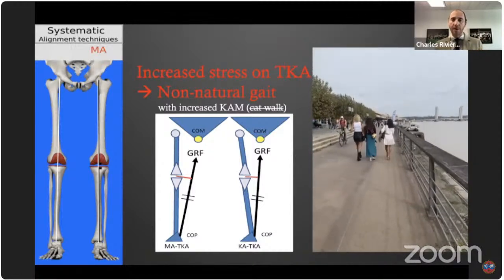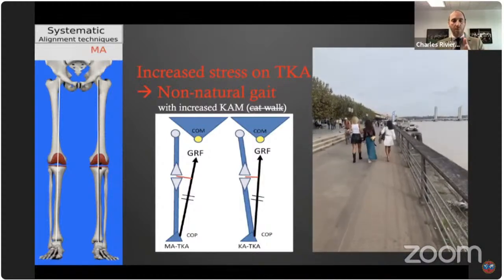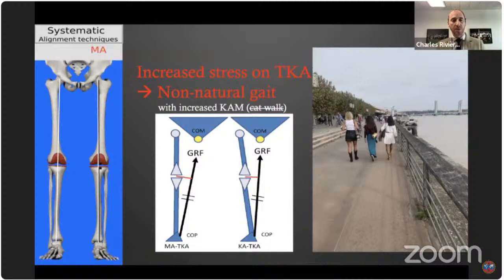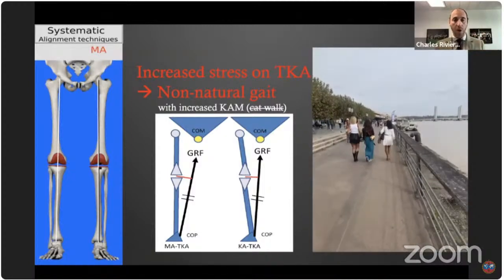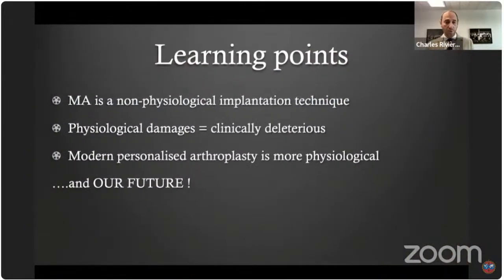The knee adduction moment is lower when you keep some constitutional varus versus if you straighten the leg by doing an AMA-TKA. So what I want you to remember is that the AMA technique is non-physiological.